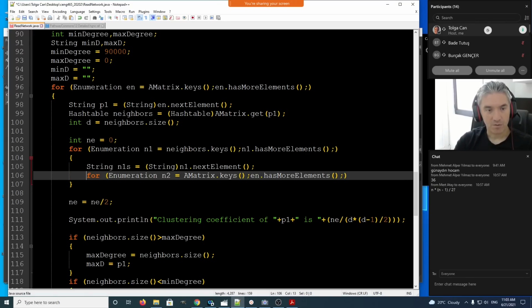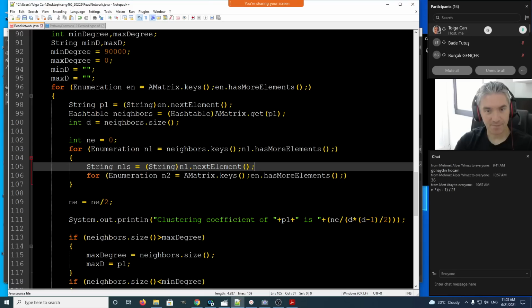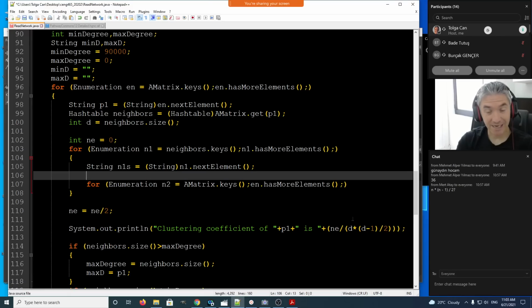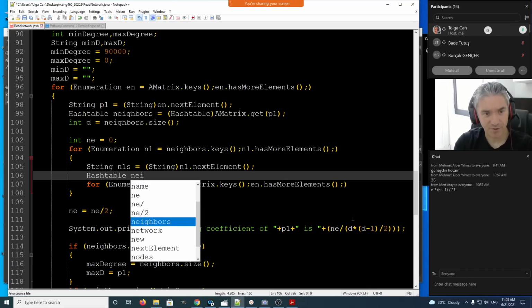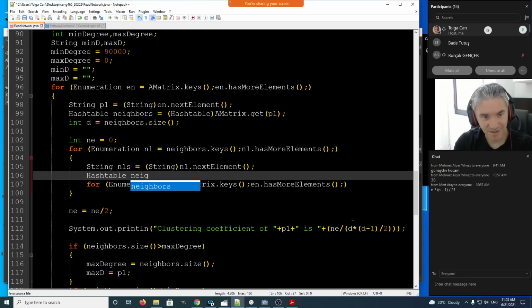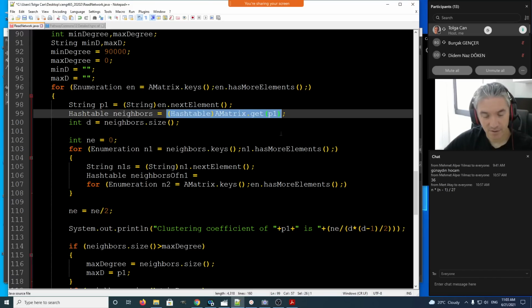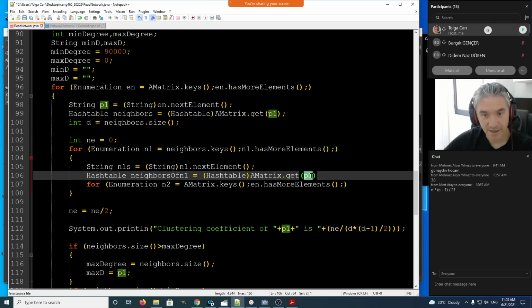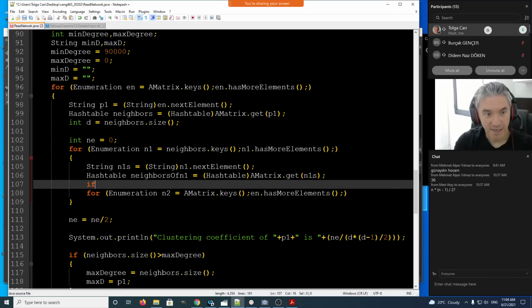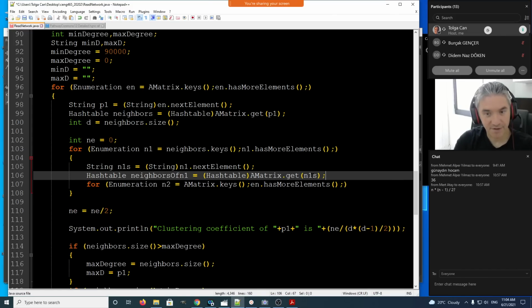All right, so what I do is I get my neighbor's name, and I will have to get its neighbor list from the adjacency matrix. It may get a little bit complicated here, but for example, let me get the neighbors of n1. I need to get n1's neighbors from here. Now I will have that neighbor list.